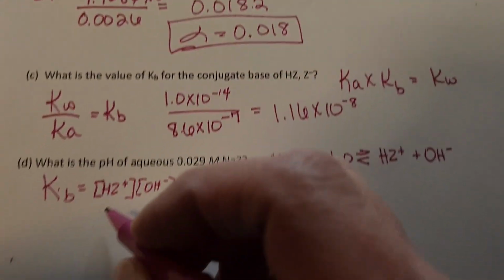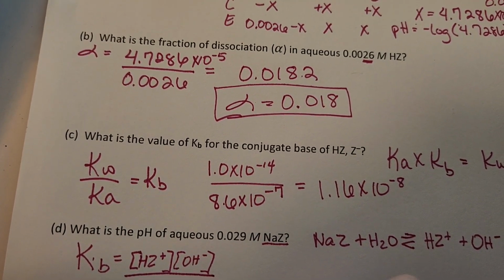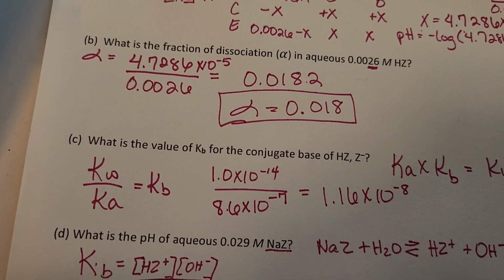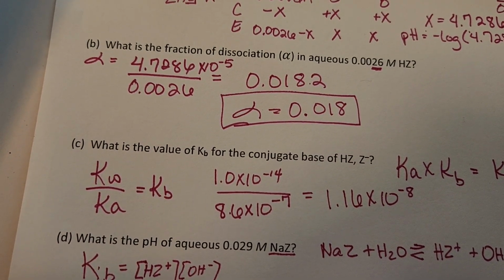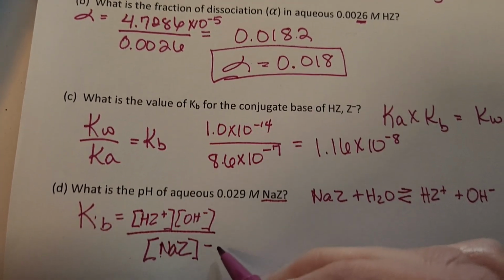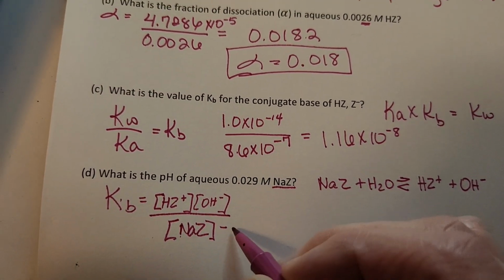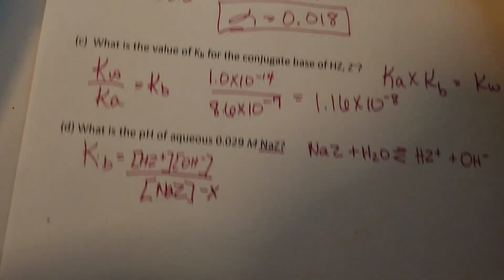All right, and now we're going to go back to our equation here. So Kb, and then this is going to equal the concentration of our NaZ minus our X value.